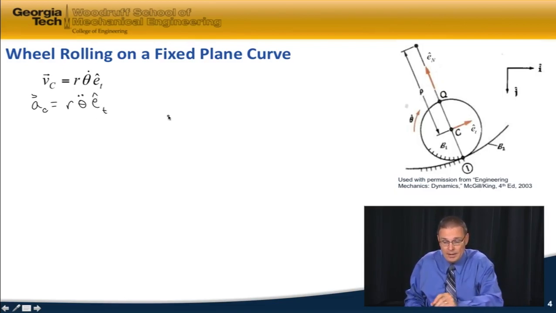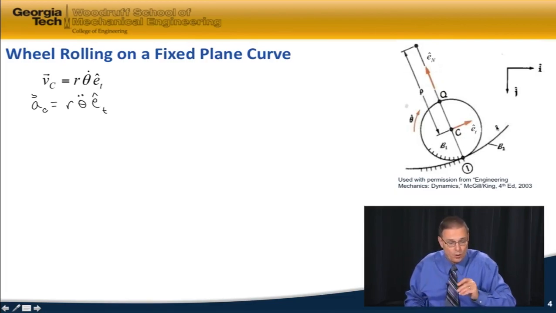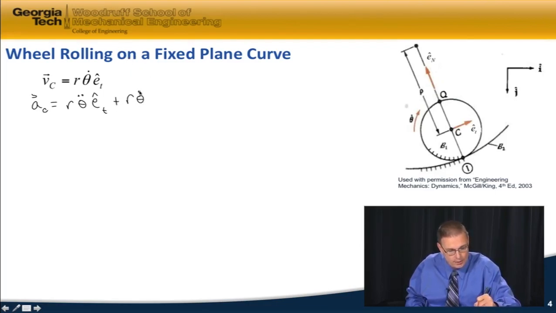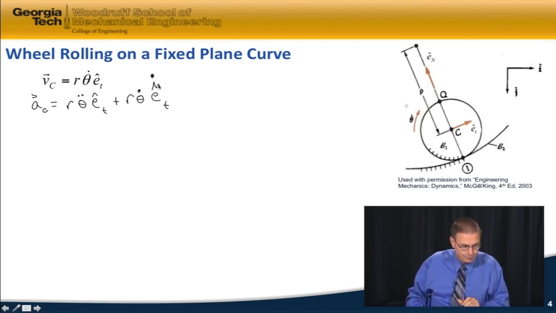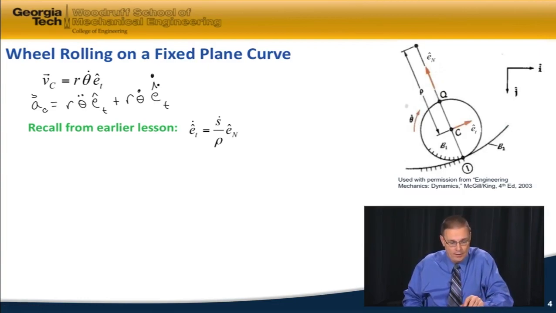Now this time, e tangential will also change direction as the wheel rolls along, and so it changes with respect to time, so I've got to use the product rule, and I've got plus r theta dot times the derivative of e tangential. You'll need to recall from an earlier lesson at the beginning of the course that we developed the relationship that the derivative of e tangential is equal to s dot over rho e normal.